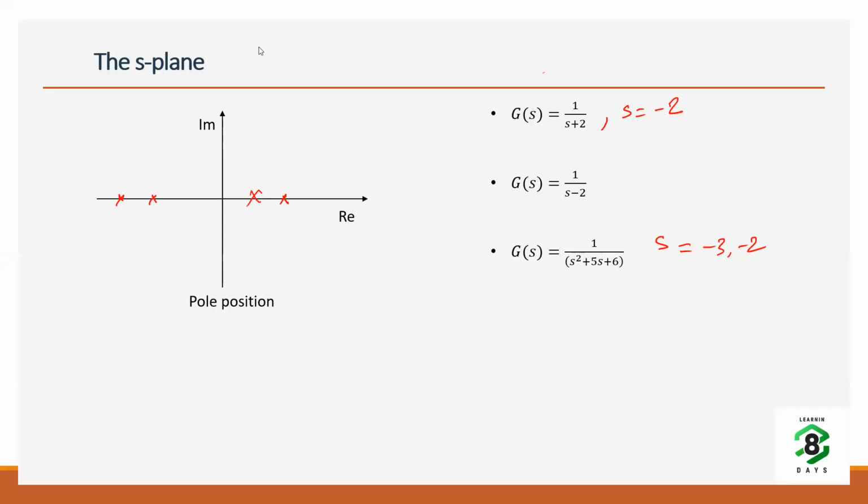Another question is coming in the chat window. How does the imaginary part play any role in stability? Does it really play any role? I will cover it, but see, imaginary role means you have to see what it contributes, right? If you have an imaginary pole, actually an imaginary pole comes with a complex conjugate.